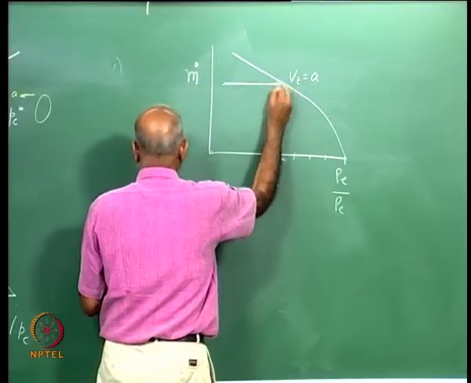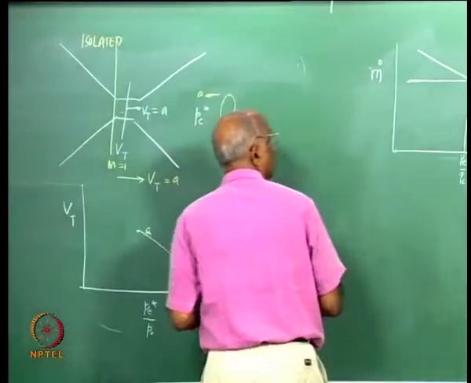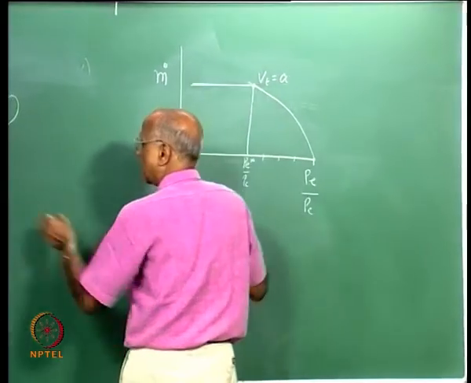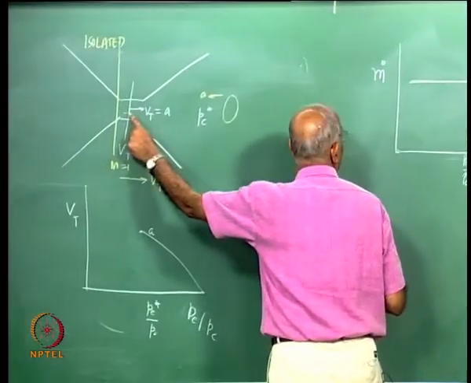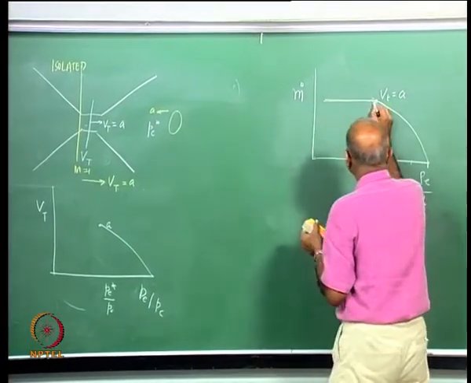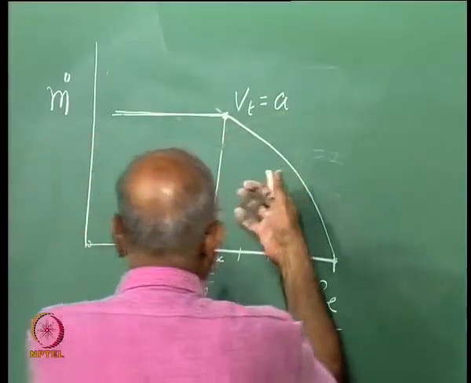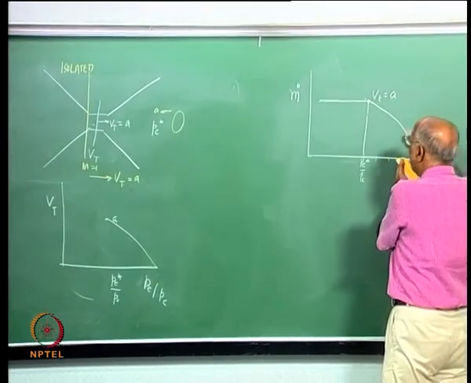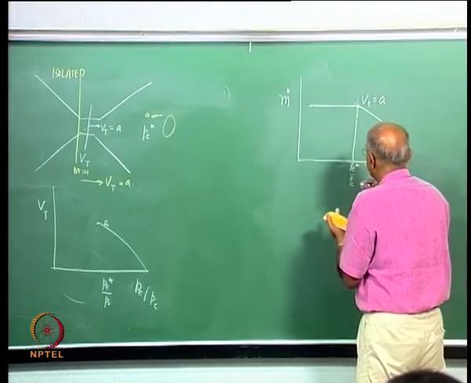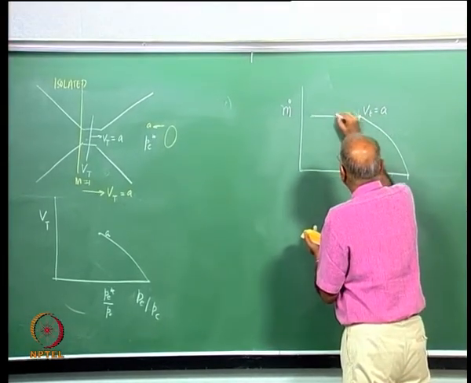In other words, when the downstream pressure is such that the velocity at the throat is the sound speed, thereafter the mass flow rate is a constant, and that means even though I am trying to pull, the information is not given to my tank. Rather I say that my throat is choked, and this is known as choked flow.